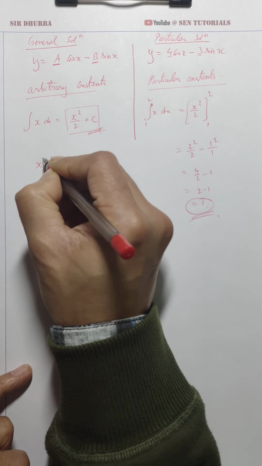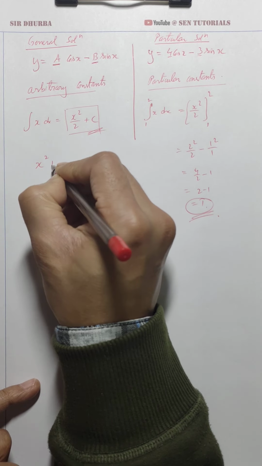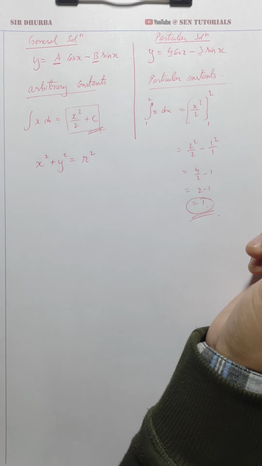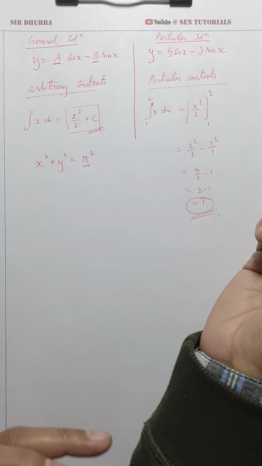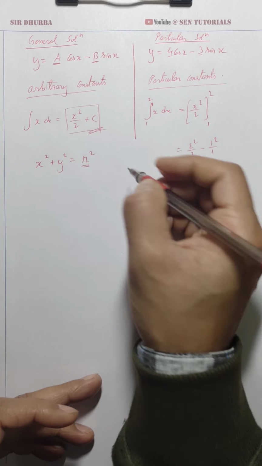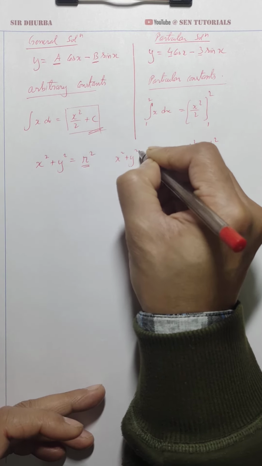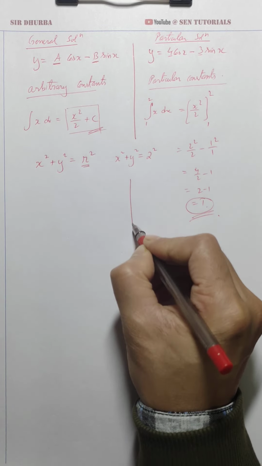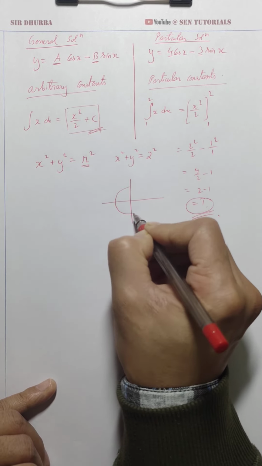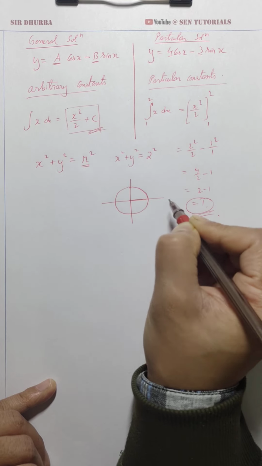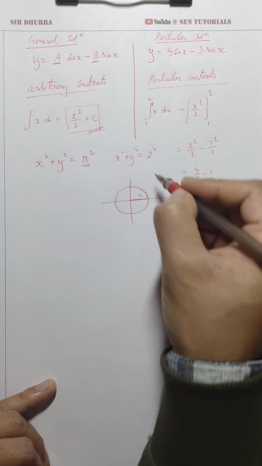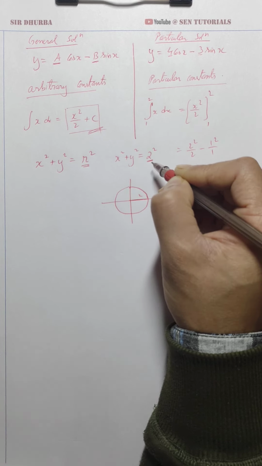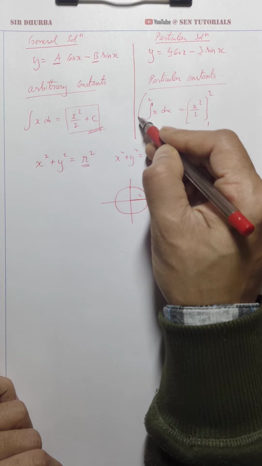Even when I talk of a general equation, like x squared plus y squared equal to r squared, this is the equation of a circle, and here r is the arbitrary constant. But when I go for the equation of a circle like x squared plus y squared equal to 2 squared, then I'm talking of just one circle whose radius is 2 units. Then this r value takes a specific value, so it's a particular constant.